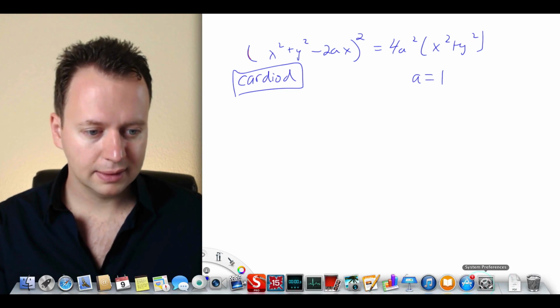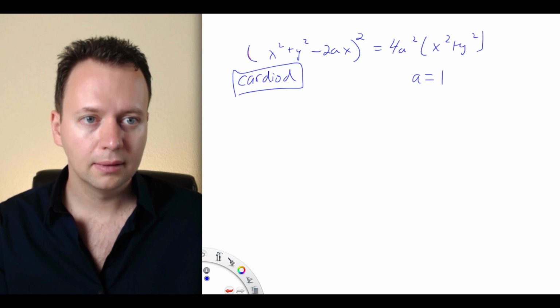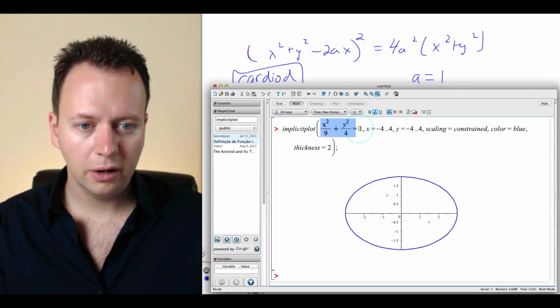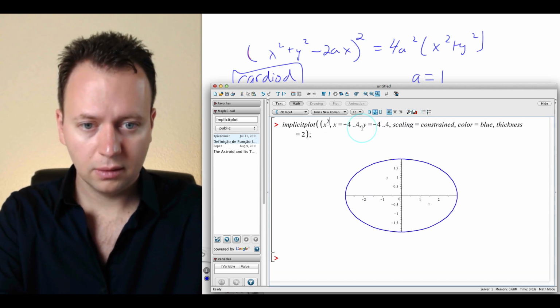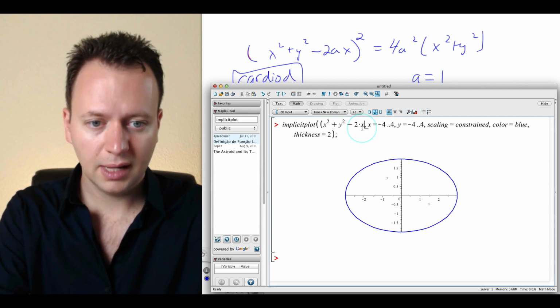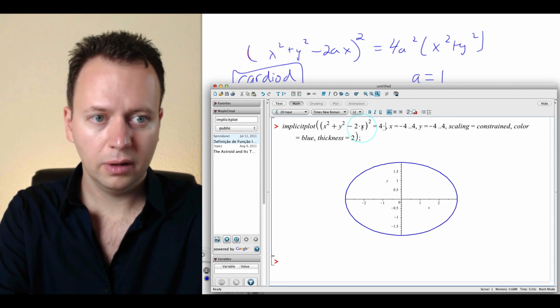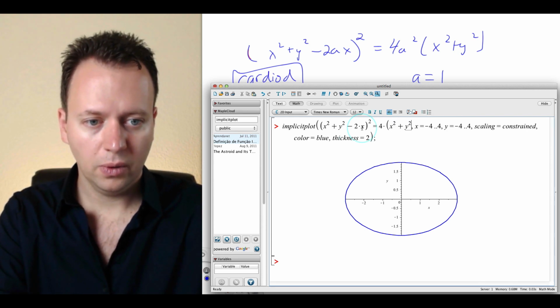So let's go ahead and plot this. So the cardioid equation is going to be x squared plus y squared minus 2 times x squared is equal to 4 times x squared plus y squared.